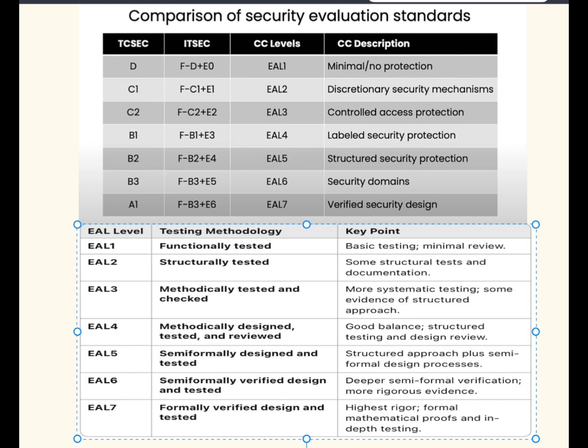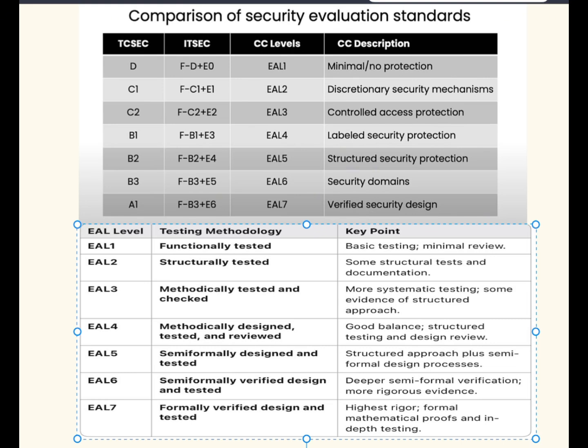Most probably in the CISSP exam, you may see questions about common criteria levels, but it is highly unlikely that you will see a question regarding TCSEC and ITSEC. We have done the comparison in this session, but we need to focus more on CC EAL levels.